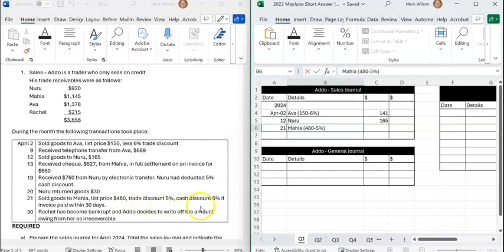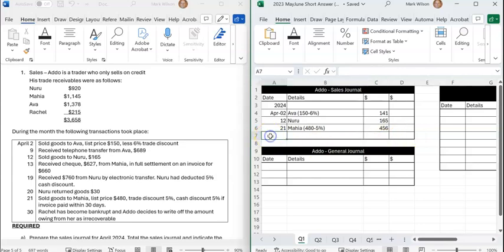trade discount. That cash discount happens when they pay, so it doesn't go in the sales journal. That one will go, as you know, in the cash book as a discount there. So we've got equals 480 times, what percent do you reckon I'll type in here? 95%. So you're taking that 5% off. Good.